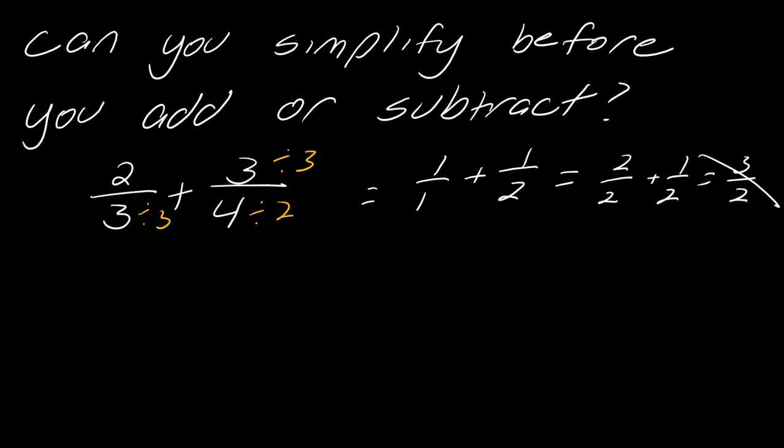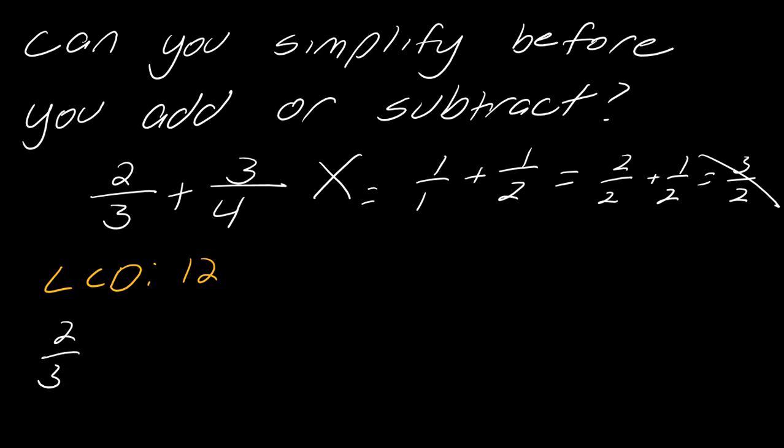So now let's use the proper process. I'm just going to say this is a big no. So now, what is my LCD? So my LCD in this case should be 12. So 3 and 4 have no common factors, so it's just going to be 12. So this is going to be my 2/3.